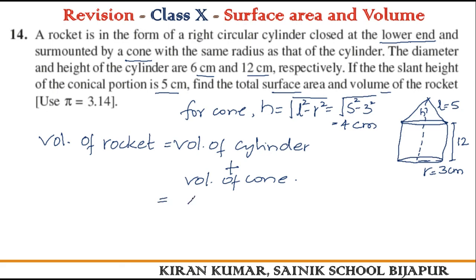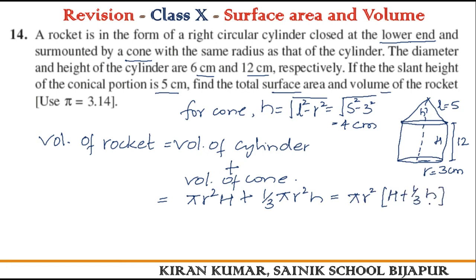Volume of the cylinder is given by pi r square. I'll take capital H as the height of the cylindrical portion. This is capital H. Plus volume of the cone is given by 1 by 3 pi r square h. If you observe, the radius of both these cone and the cylinder are same, so I can take pi r square as common and the rest of the things as H plus 1 by 3h.